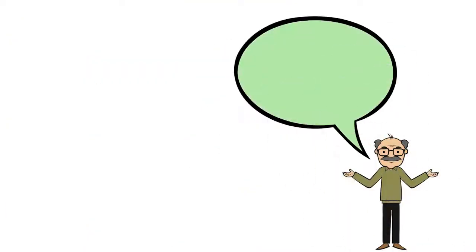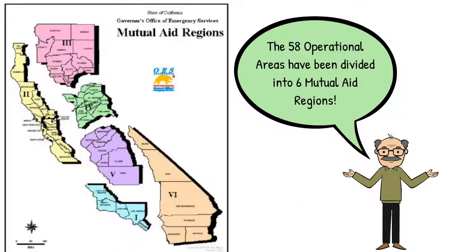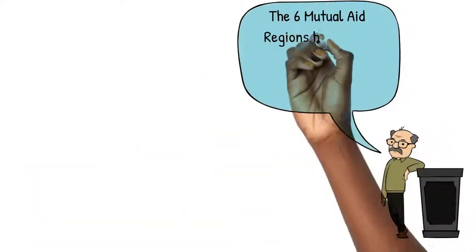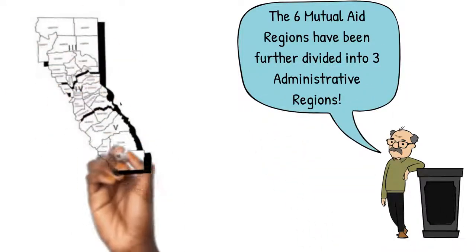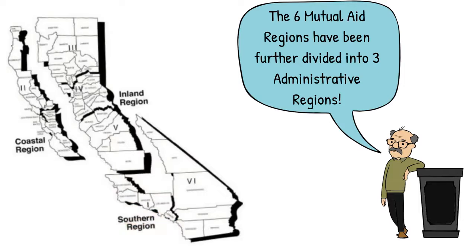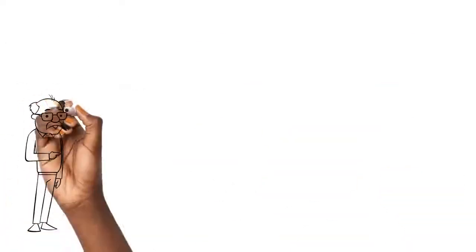Those 58 operational areas in California have been further divided up into 6 mutual aid regions. Taking it one step further, those 6 mutual aid regions have been divided up into administrative regions: the coastal region, the inland region, and the southern region. So how does the regional coordination look?